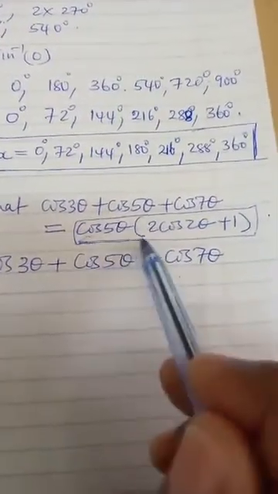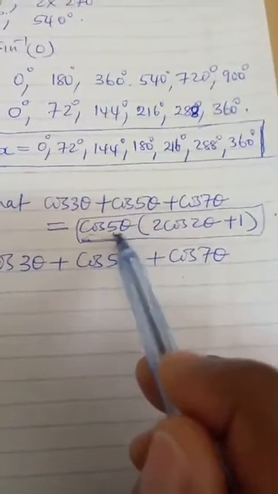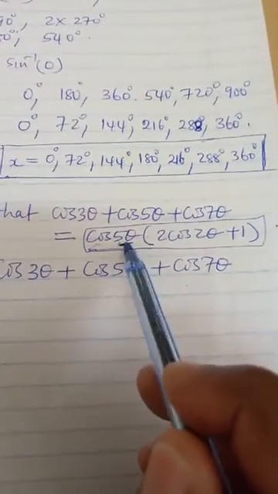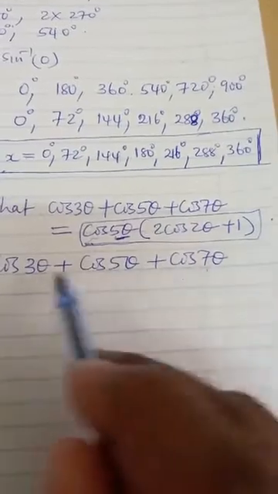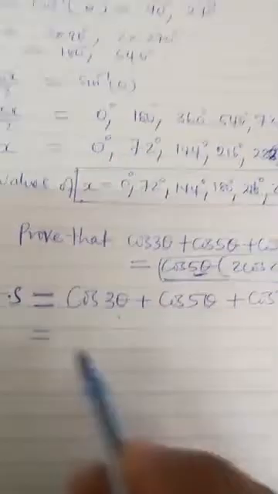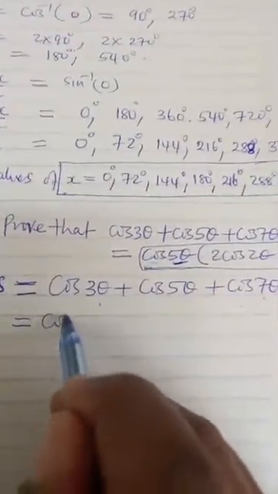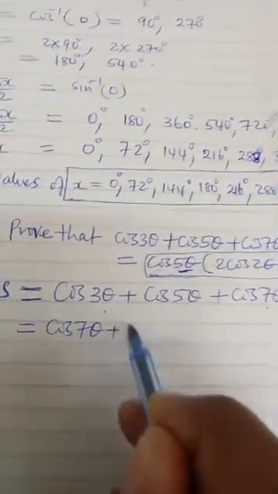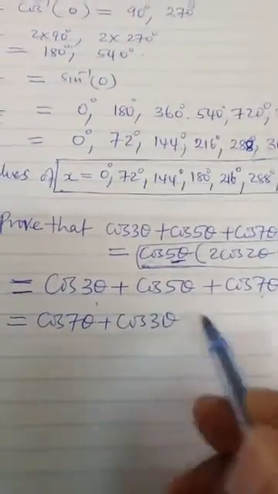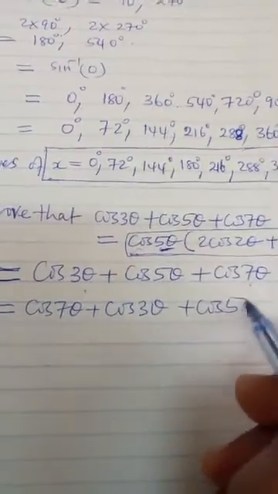This answer clearly tells us that cos of 5 theta is the common factor. And we can get 5 if we arrange 7 and 3 close. So in our attempt to prove this, we can write the cos of 7 theta plus the cos of 3 theta plus the cos of 5 theta.